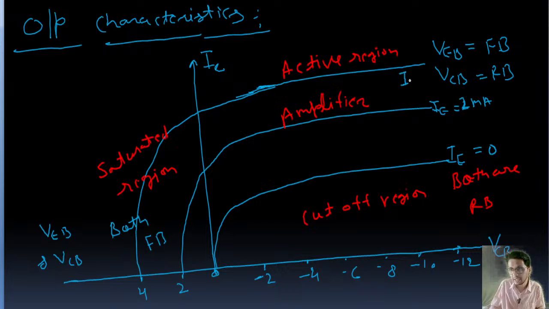Here IE is 10 milliampere, IE is 2 milliampere, and IE is 0 milliampere. So this is the output characteristics for common base configuration, the graph between IC versus VCB.